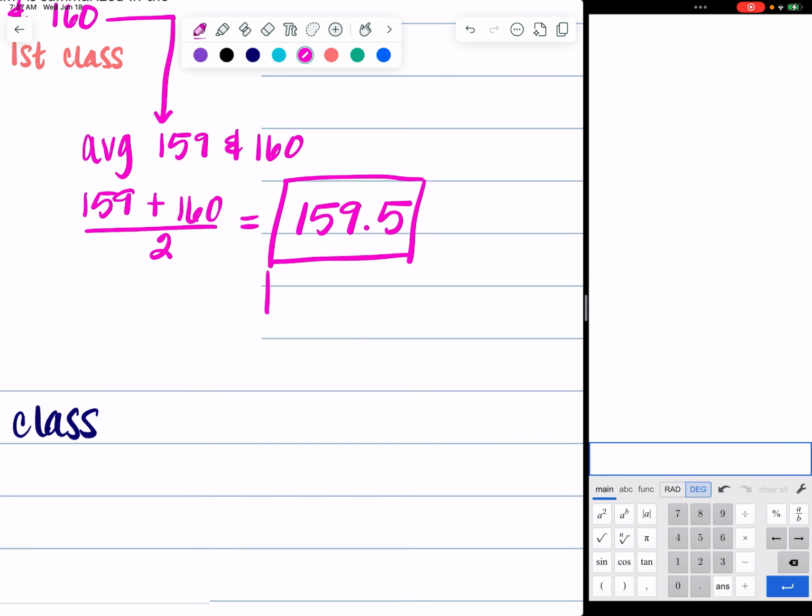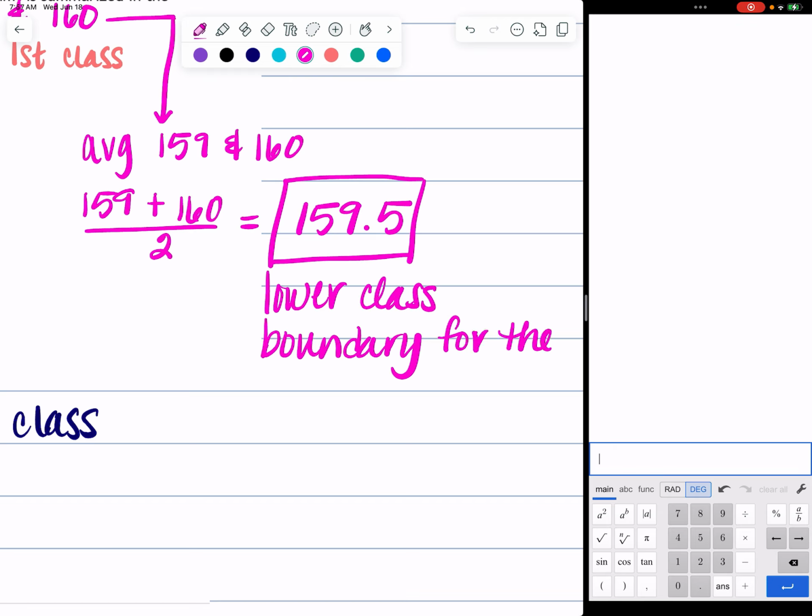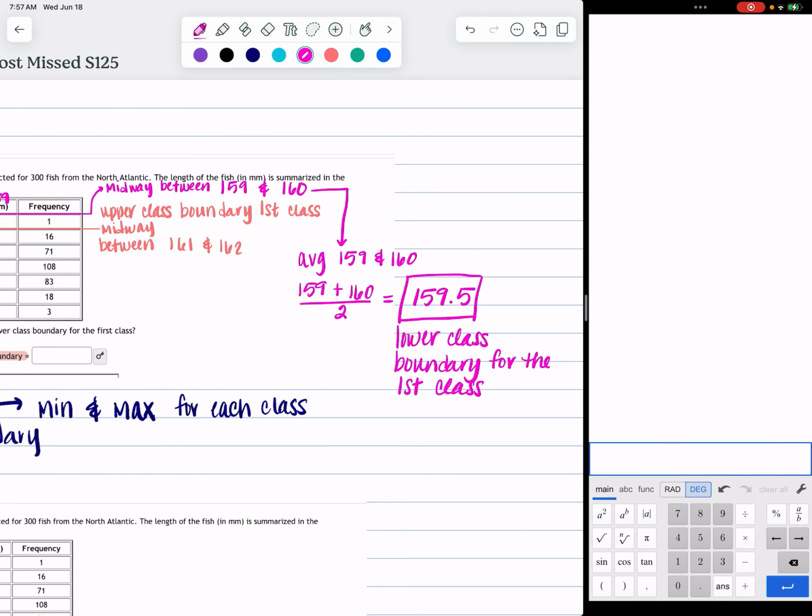I think I said that wrong earlier, the lower class boundary. So the lower class boundary for the first class is 159.5.